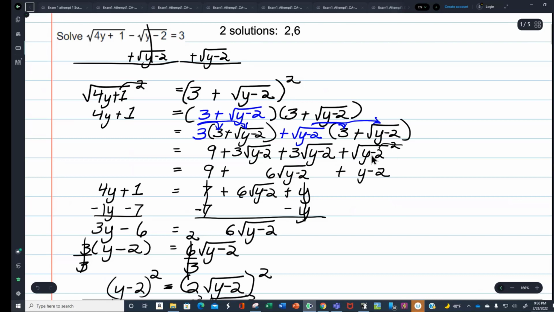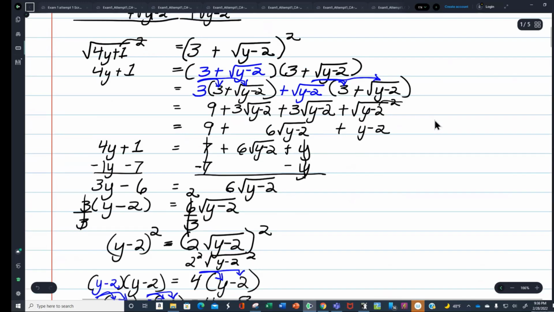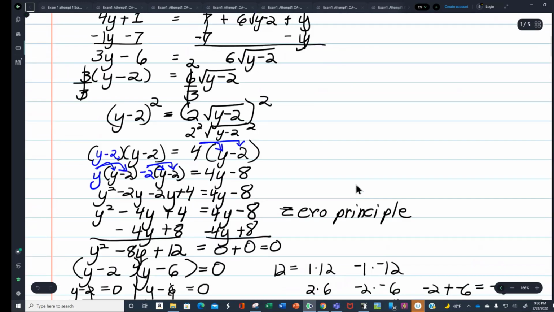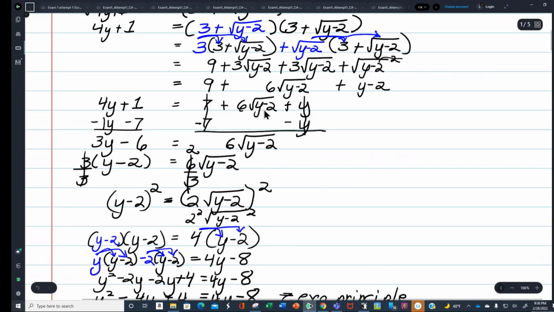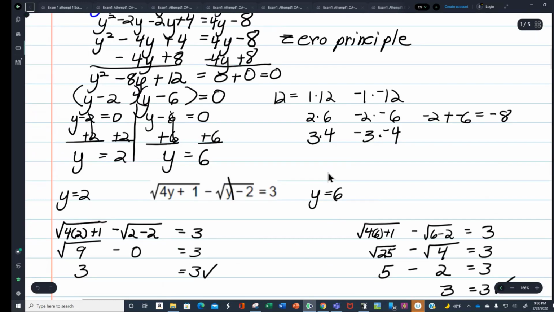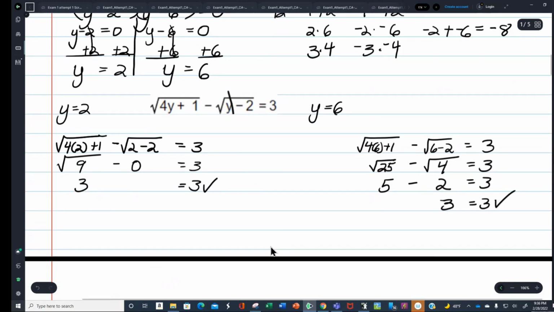The square root of y minus 2 squared is y minus 2. Then we work all this out, and then doggone it, what do we have? We have another radical that needs to be isolated. So we isolate, we work it out, we come up with solutions 2 and 6, and then we have to check our answers, because radical equations love to trick us. Yes, they do.